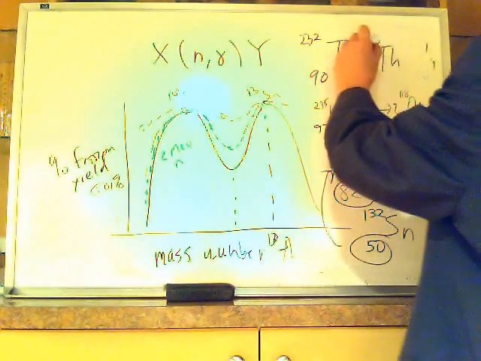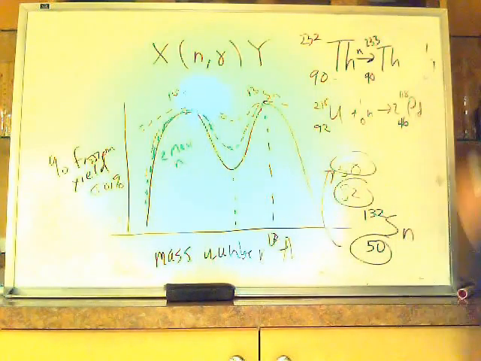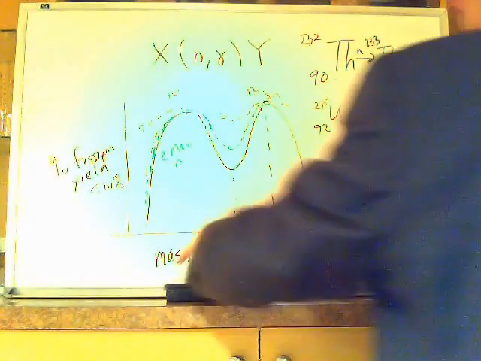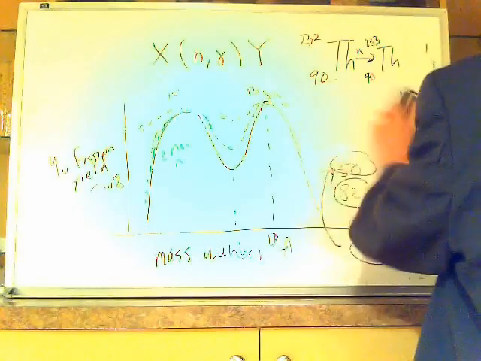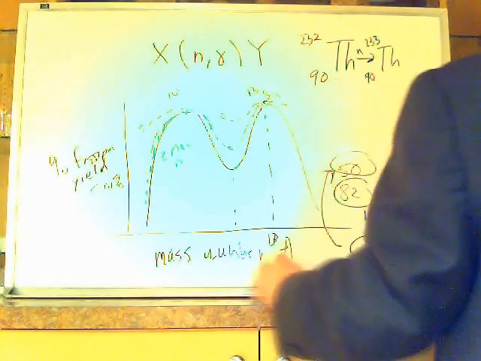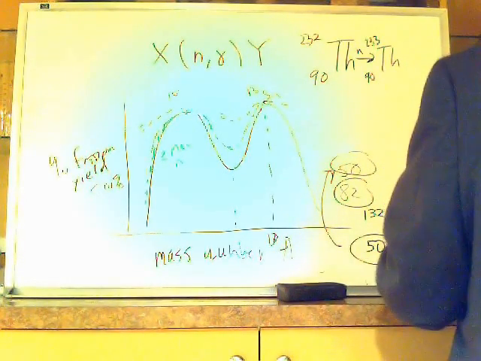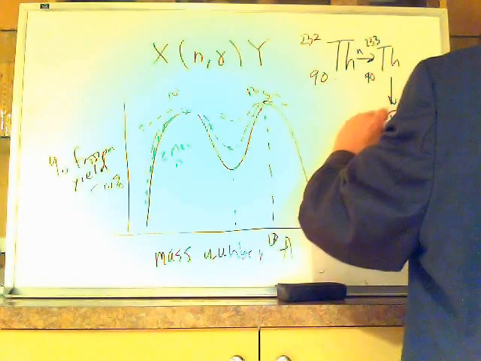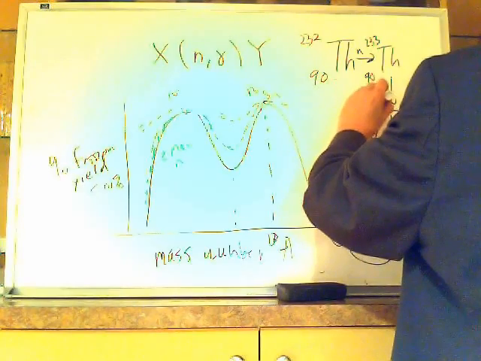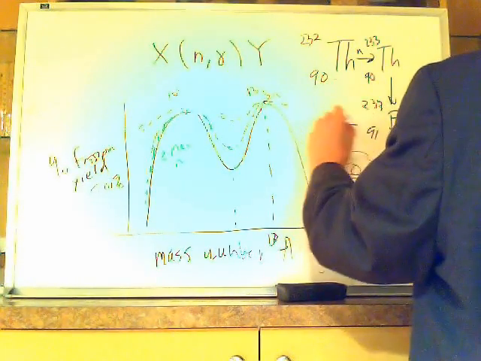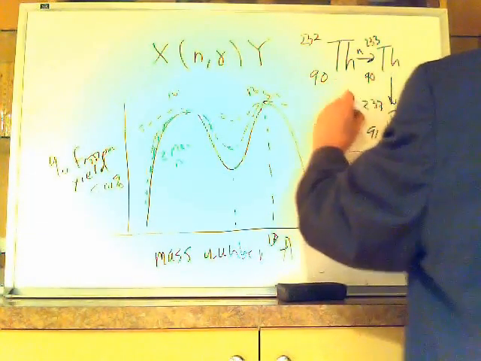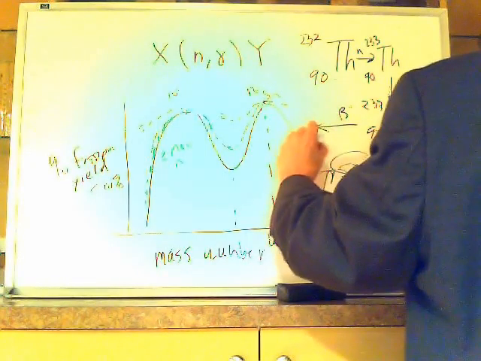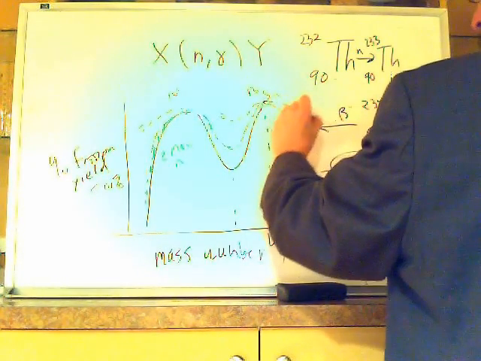So it's capturing a neutron, and it's going to undergo 2 sets of beta decay, which are going to take us to protactinium 91-233, and then there'll be another beta emitted, and that's going to take us to 92 uranium-233.